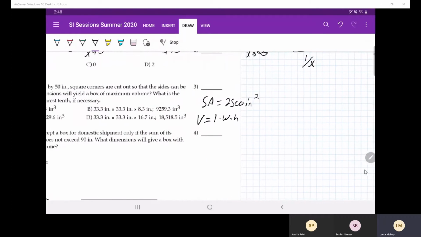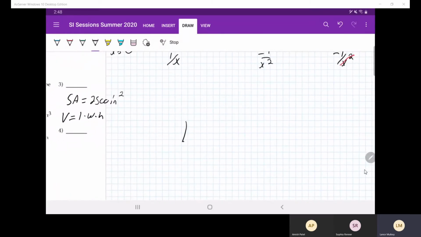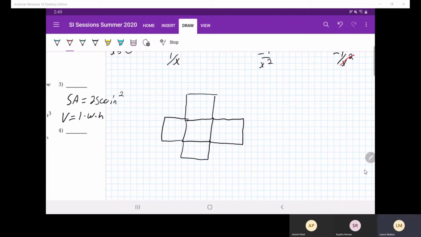But he wants the corners to be cut out of it, and so you have a square. Yeah, boom. Do you guys agree that this is how you make a box? And you're missing corners, which I'm assuming are these.